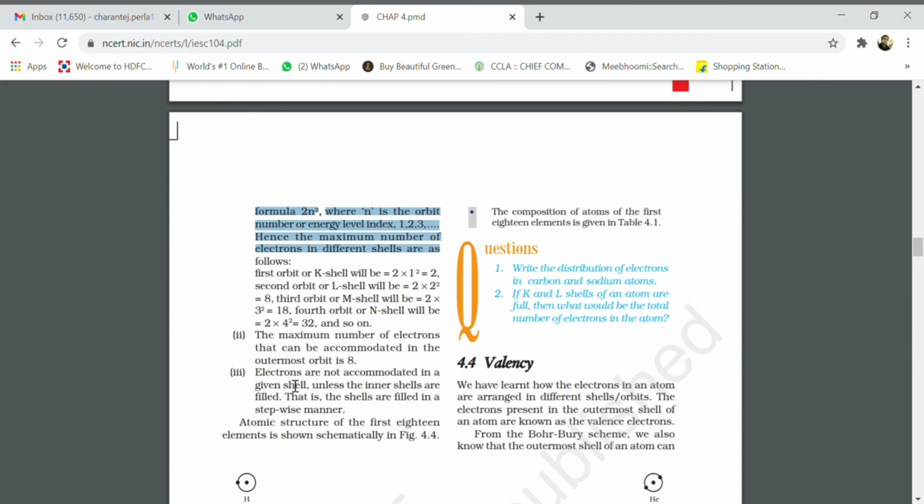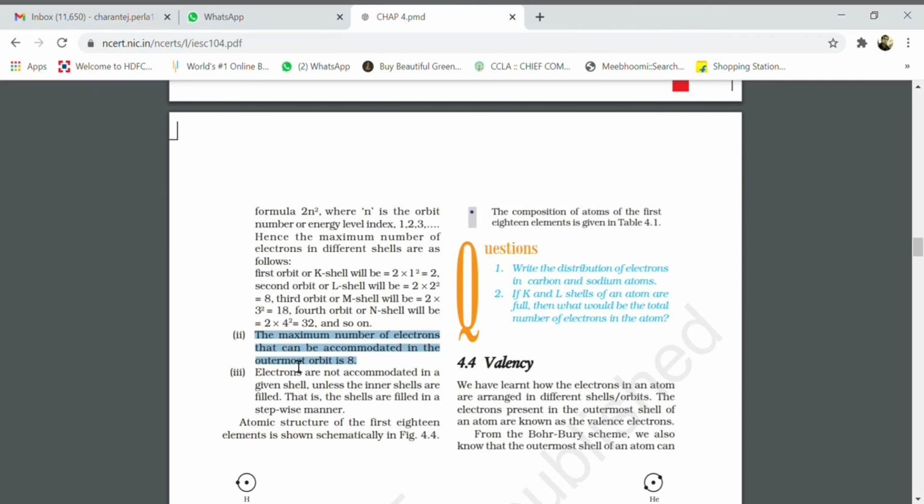The second rule given by Niels Bohr was that the maximum number of electrons that can be filled in the outermost orbit is 8. So the number of electrons in the outermost orbit cannot exceed 8.